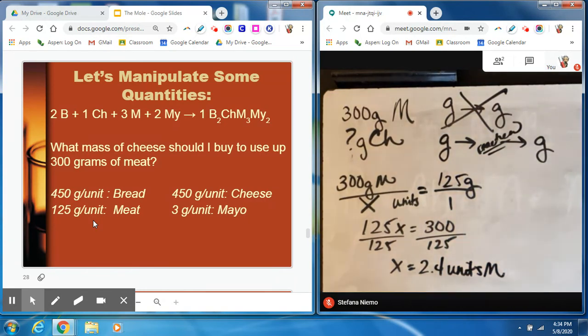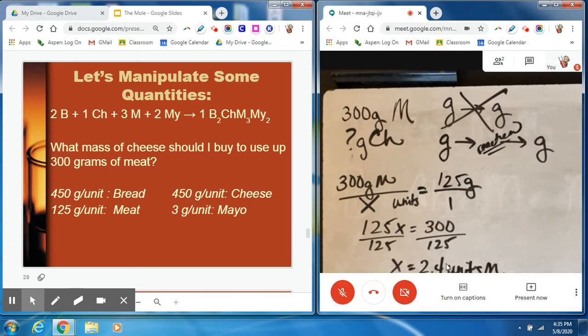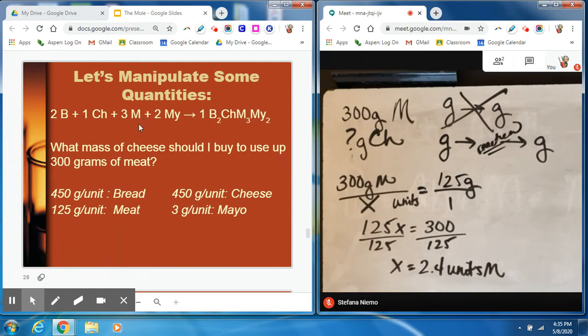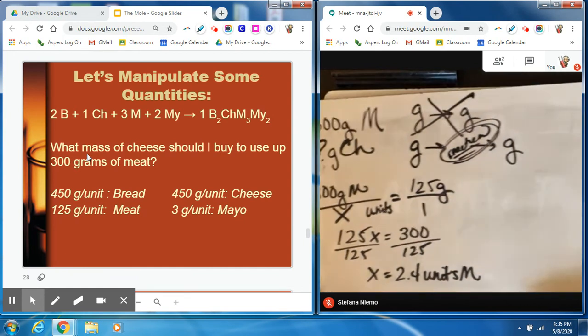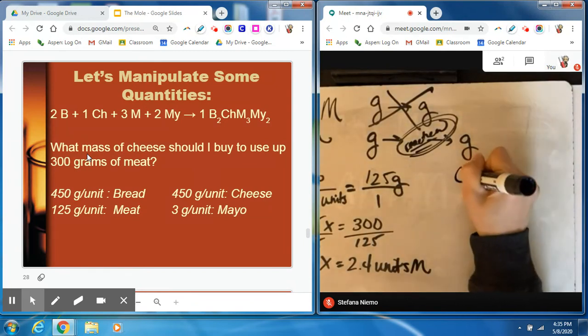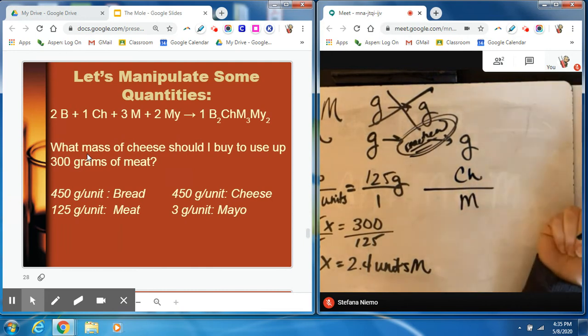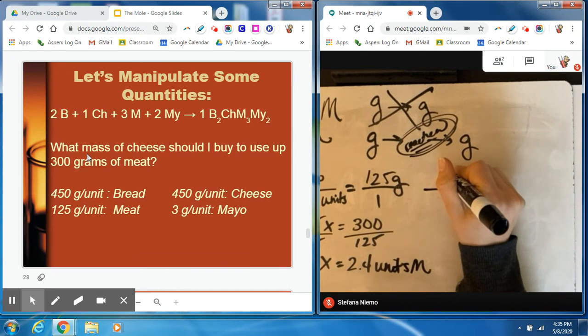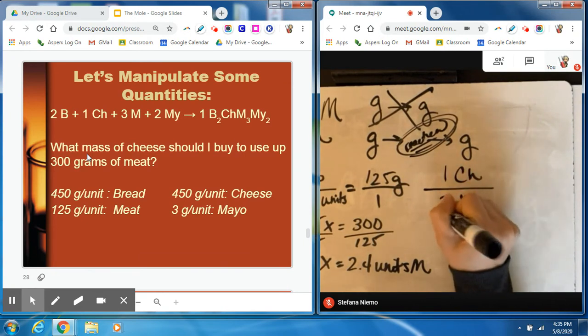So now that I know that I have 2.4 units of meat, I can look at my chemical reaction up here and figure out, if I'm going to use 2.4 units of meat, how many units of cheese does that mean I need? In order to do that, I have to look at the relationship from the chemical reaction. The relationship for cheese to meat is a 1 to 3 relationship.